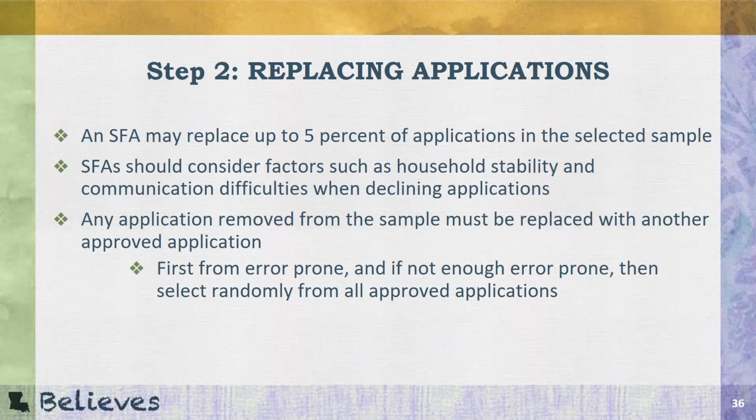Then the application should be included in field 5-5, which is the number of applications being selected for verification, also on the verification summary form, and indicate the number of these applications that are being converted to direct certification in the remarks portion.